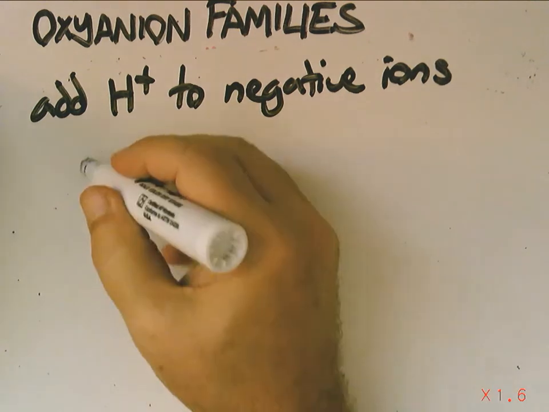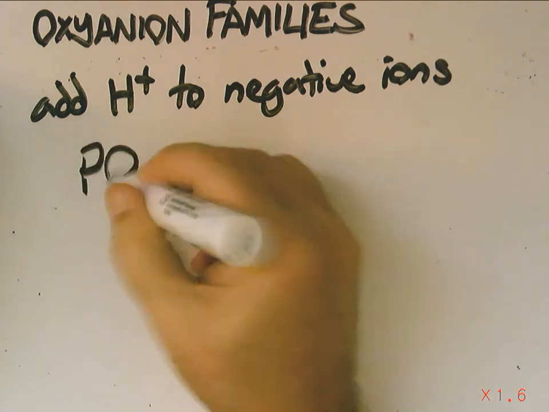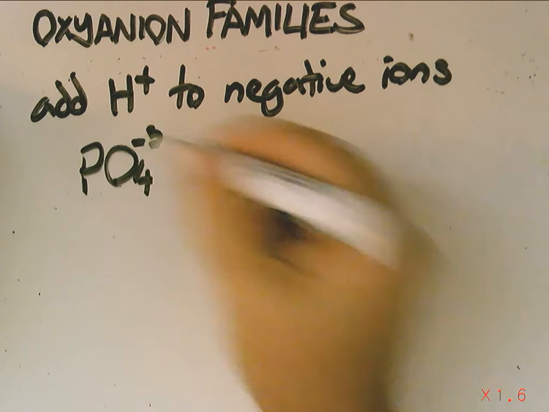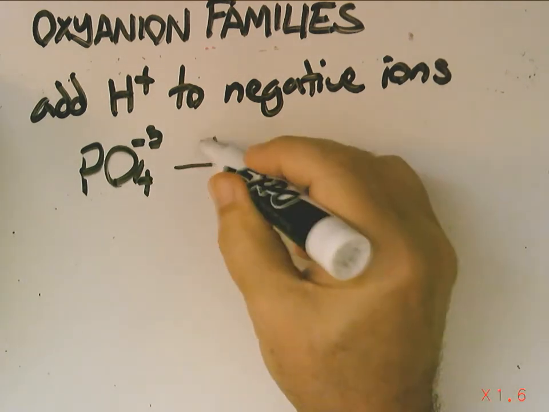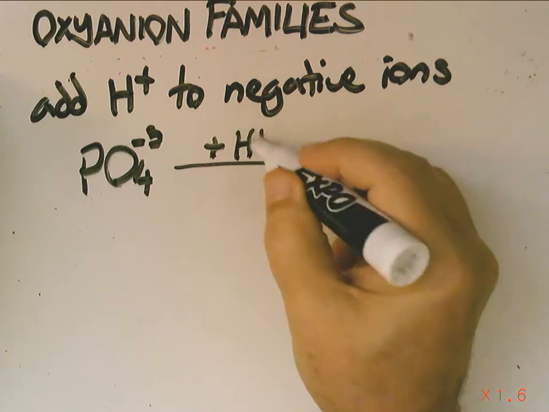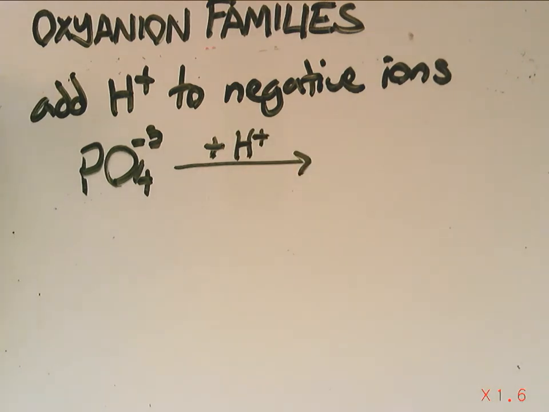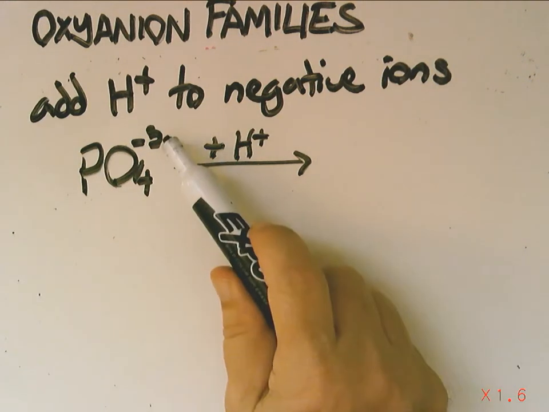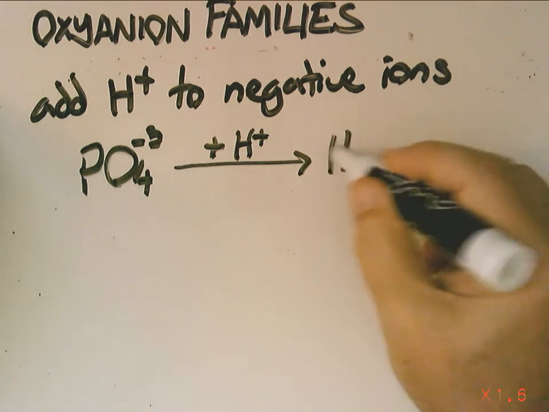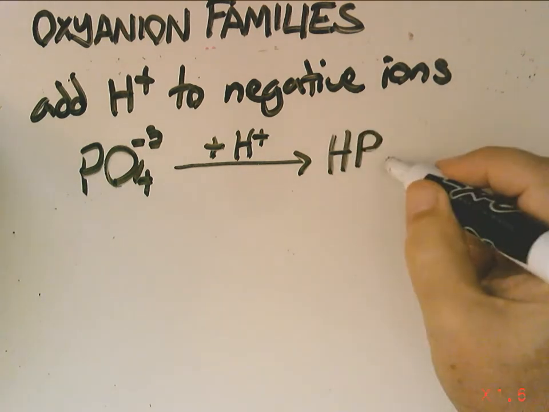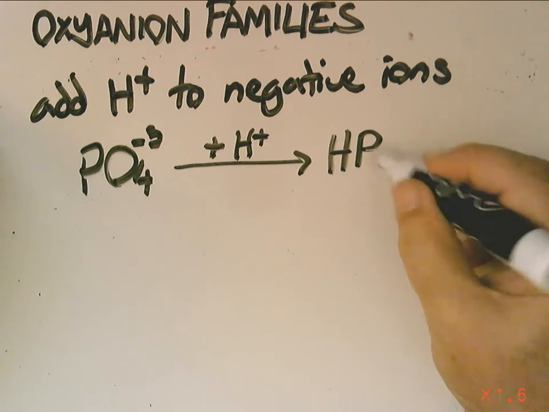For example, if I have phosphate and I add a hydrogen ion to it, what's that going to do? Well, it's going to put a hydrogen out front, and it's going to decrease the charge by 1. Well, it's going to neutralize one of the negative charges, I should say.